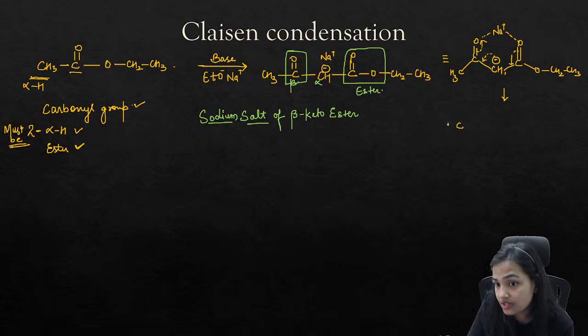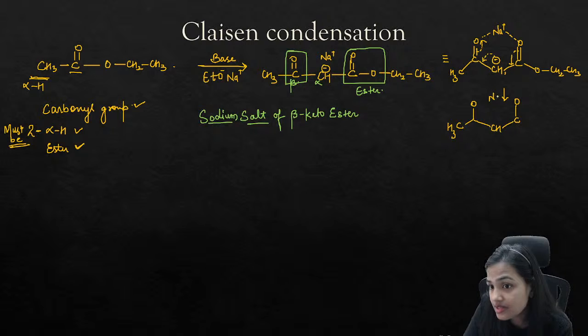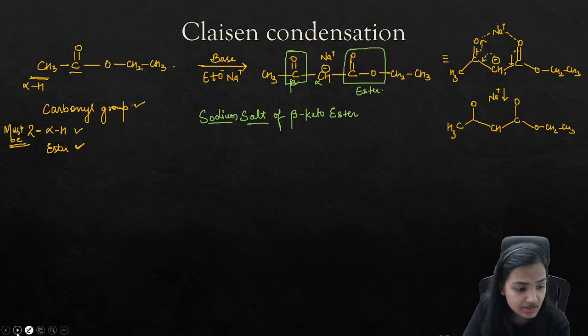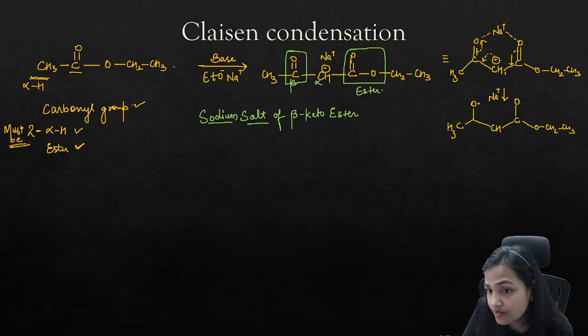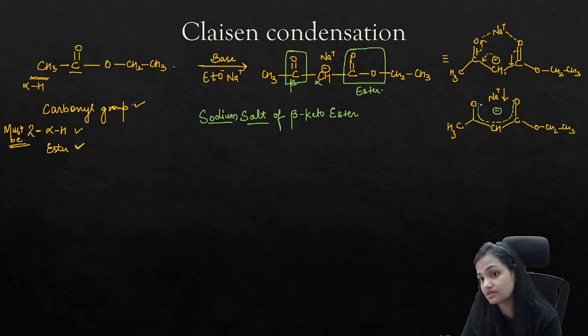If I draw another structure of this molecule, I can say that this is O, this is CH, this is C, O, Na, and here this is Na positive, and this is O, CH2, CH3. I can show it like this, something like that from here to here the negative charge is getting delocalized.